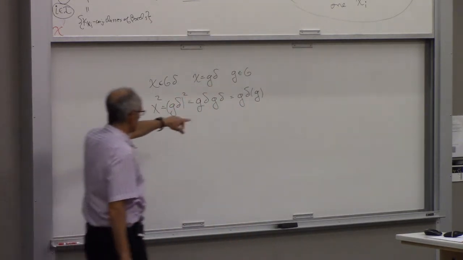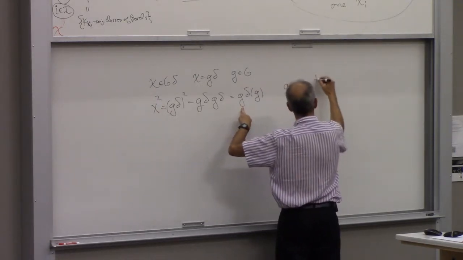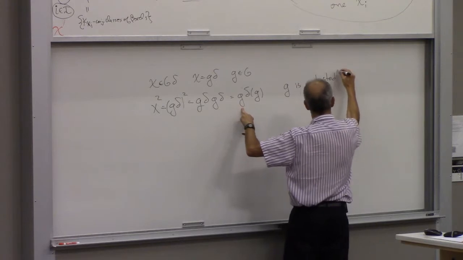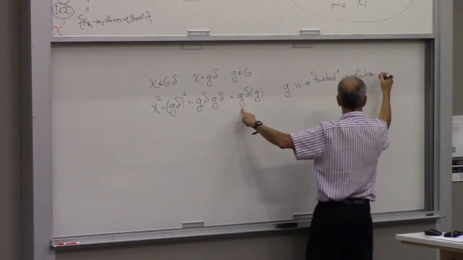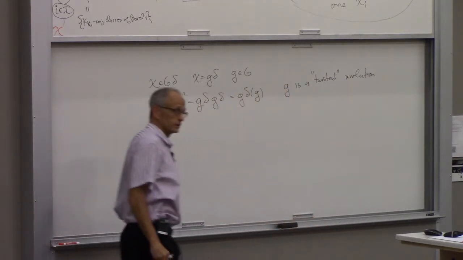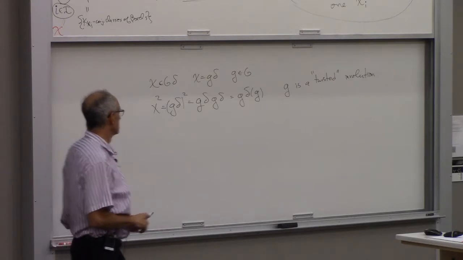This is what's sometimes called a twisted involution. g is a twisted involution.